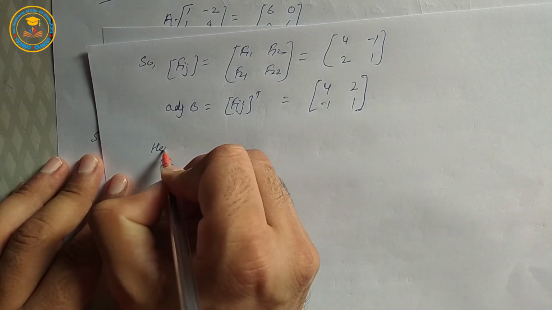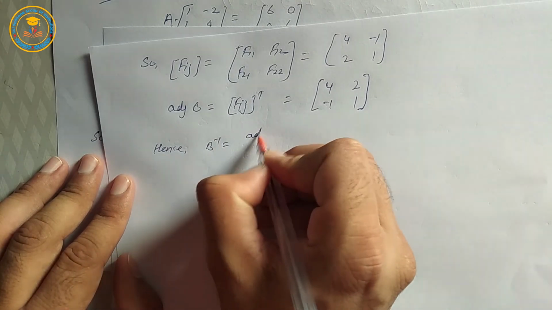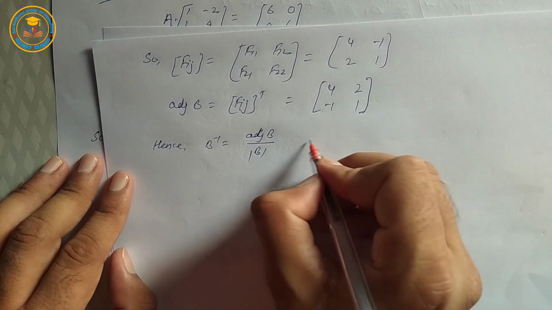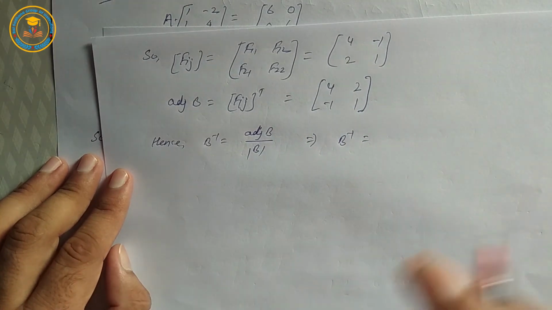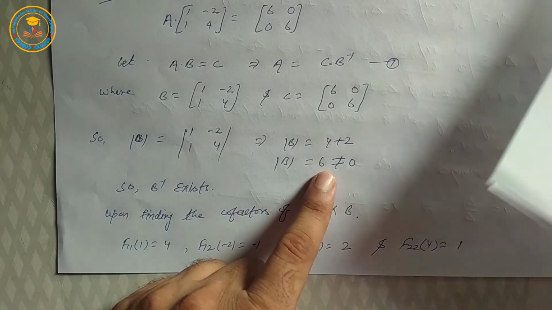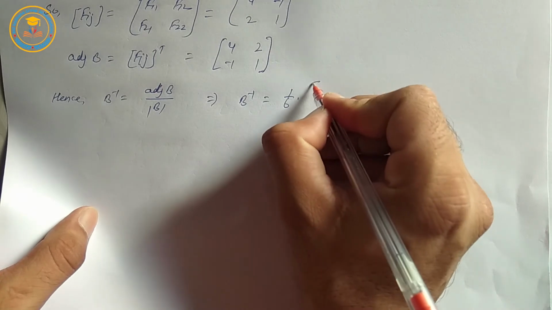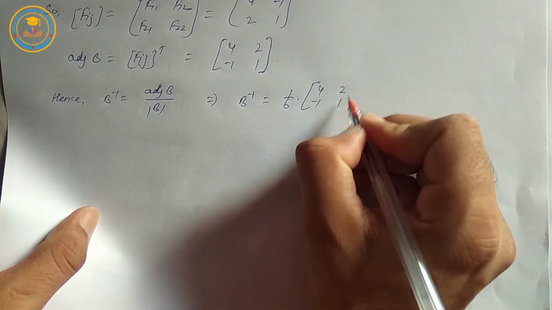Hence B inverse is equal to adjoint B upon determinant B, which is 1 by 6 into adjoint B, [4 2; -1 1].